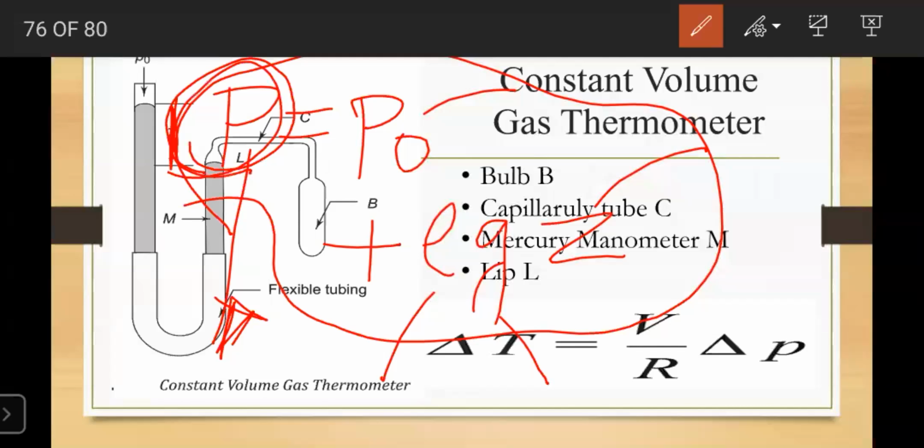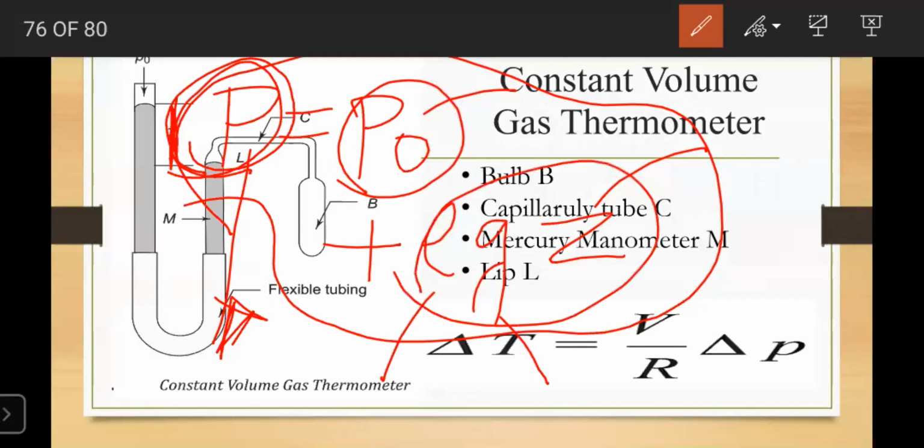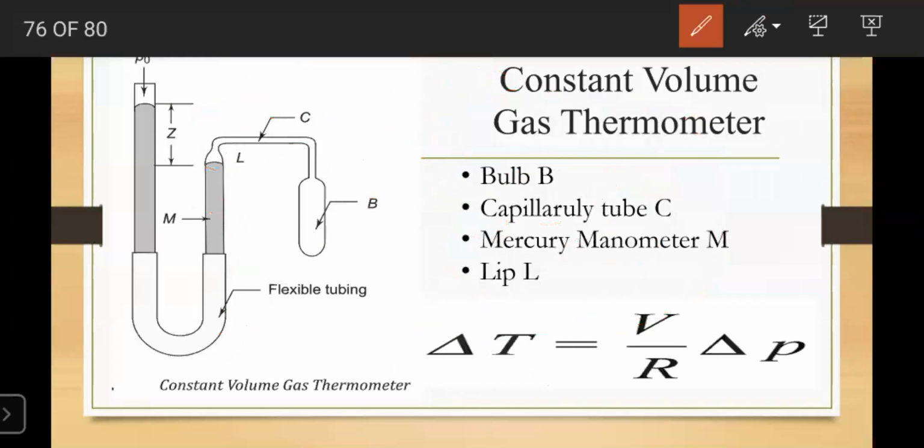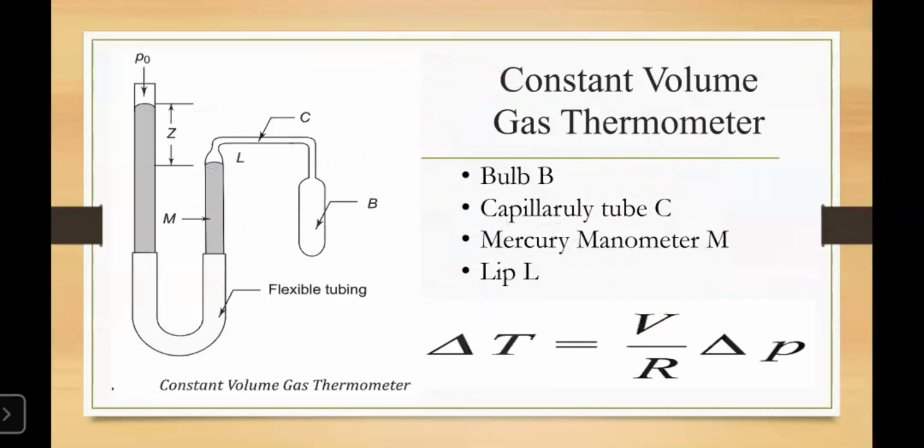Why? Because here gauge pressure is there, and we are adding extra pressure also, then you can say it is absolute pressure. Whenever you are getting P naught, then it is compulsorily absolute pressure. So this is about the constant volume gas thermometer.